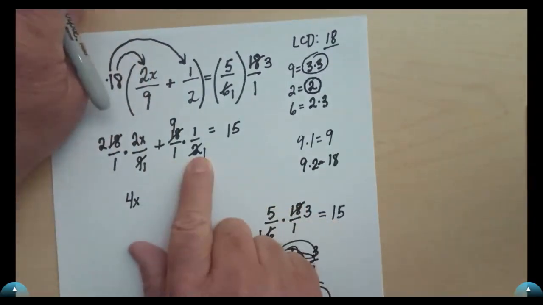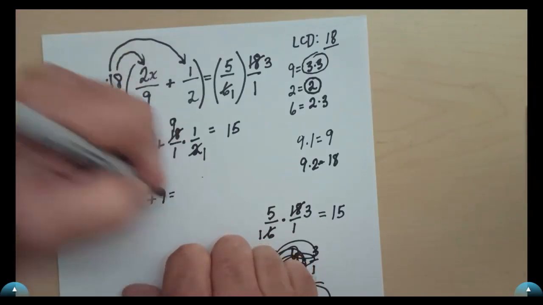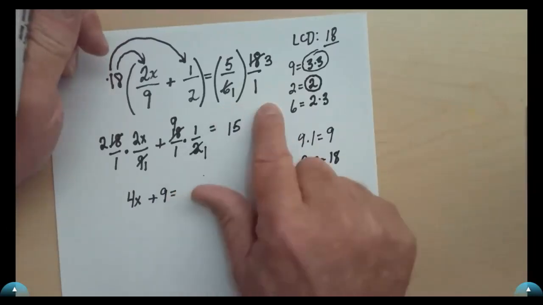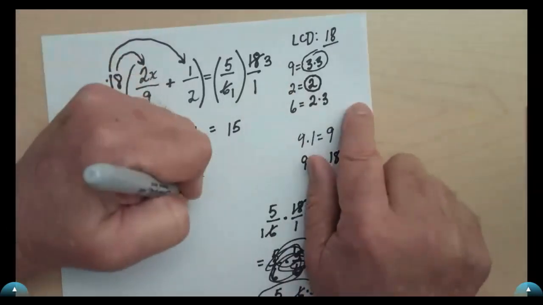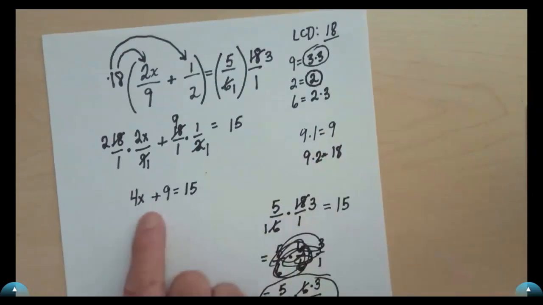Well, that's just 9 times 1, which is positive 9. Remember, on the right side, we've already done that, and we see that 5 over 6 times 18 over 1 is 15. And that's what our problem looks like after we multiply both sides times the LCD.